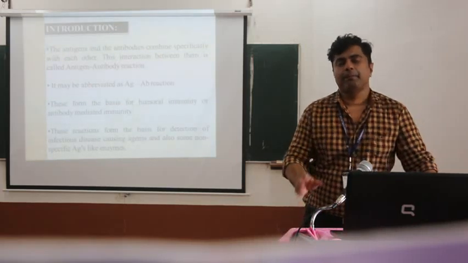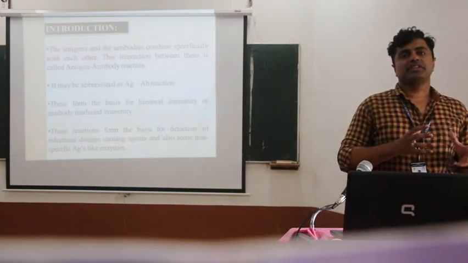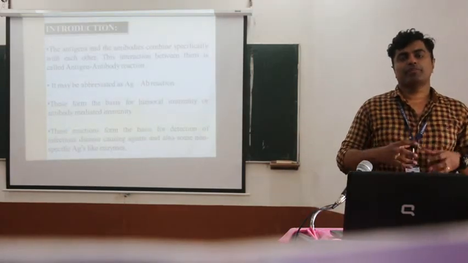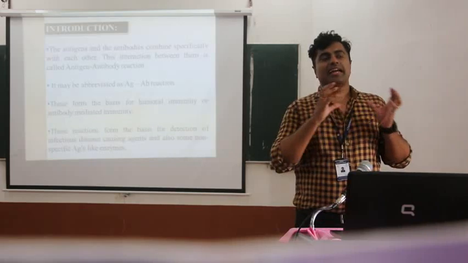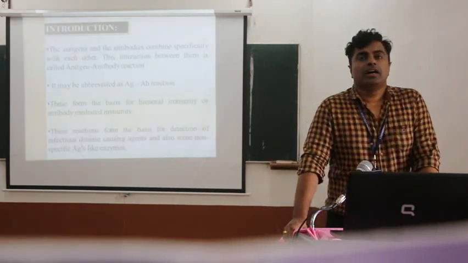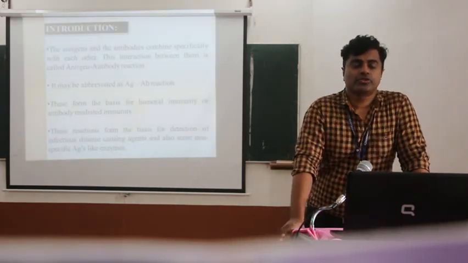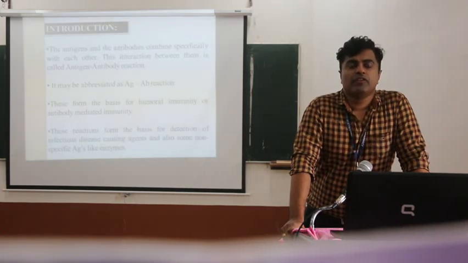So what happens is, when an antigen is introduced, it stimulates the production of antibody, and this antigen and antibody will combine together to form a complex. We abbreviate this complex as the AG-AB complex.